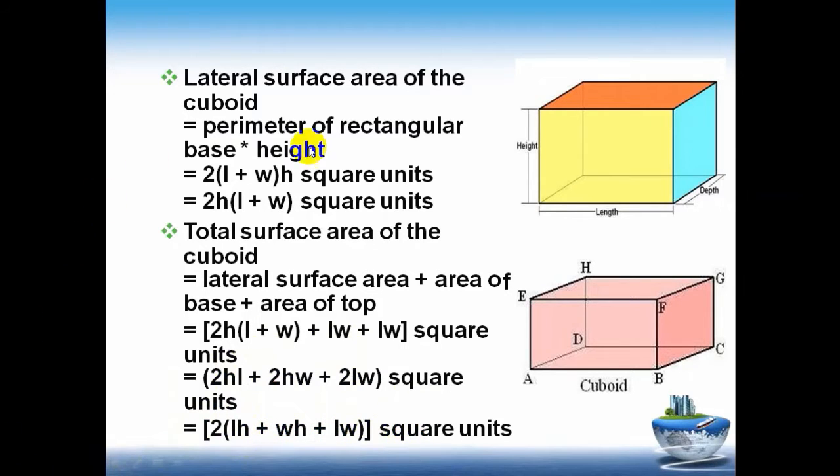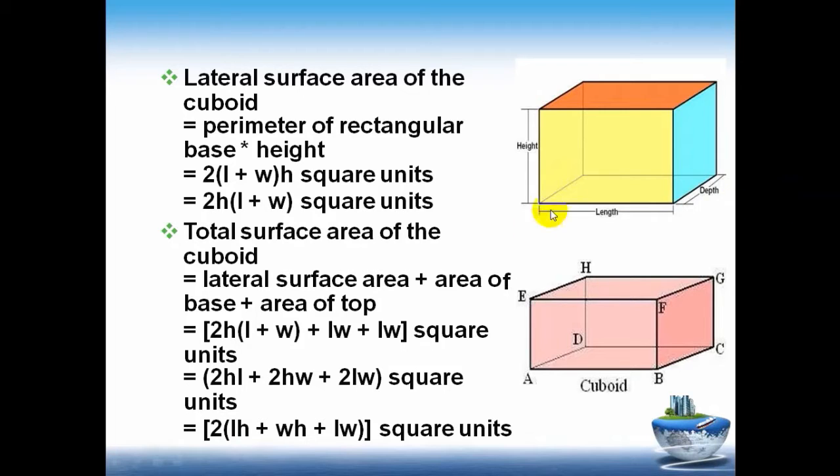So dear students, this is a cuboid, a geometrical 3D shape, and we find its lateral surface area and total surface area. Lateral surface area of a cuboid means perimeter of the rectangular base multiplied by height, and the perimeter of the rectangular base is equal to 2 into (L plus W) into H square units, and we can write 2H into (L plus W) square units.